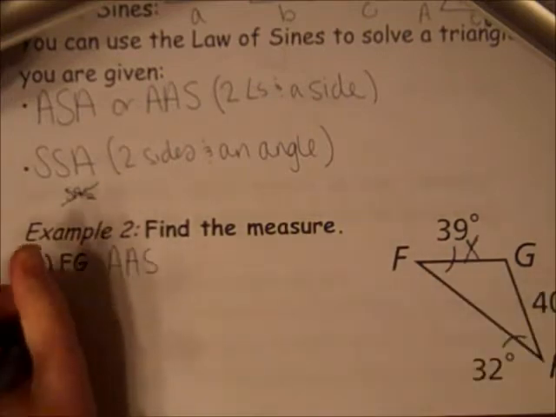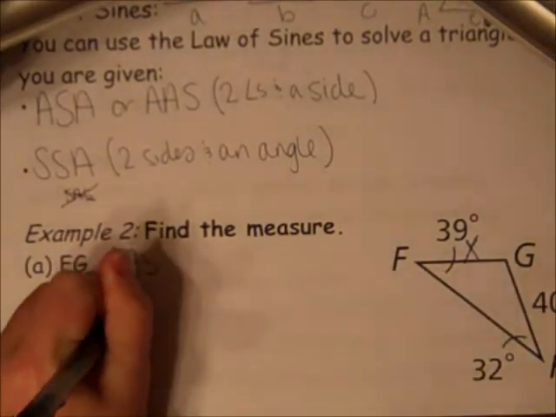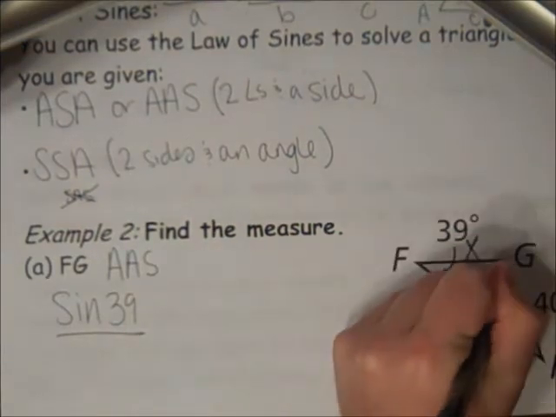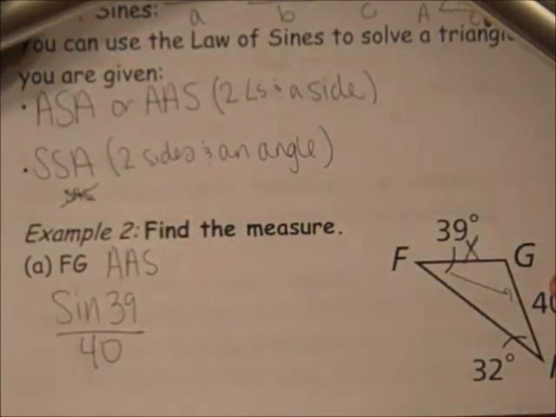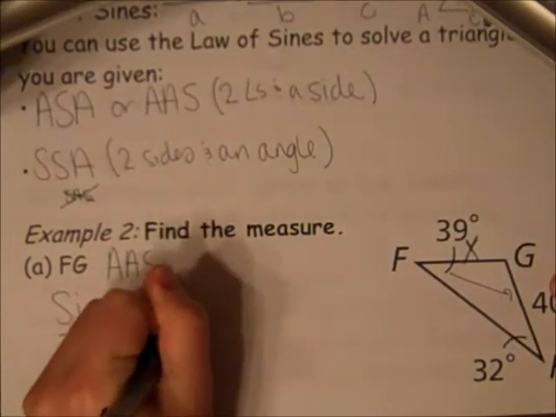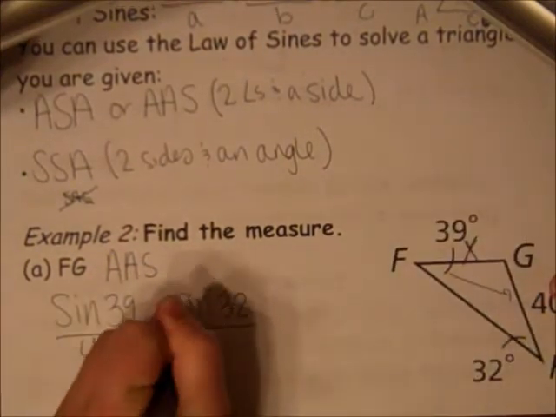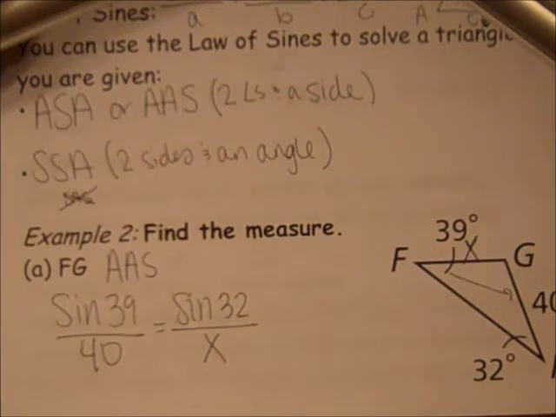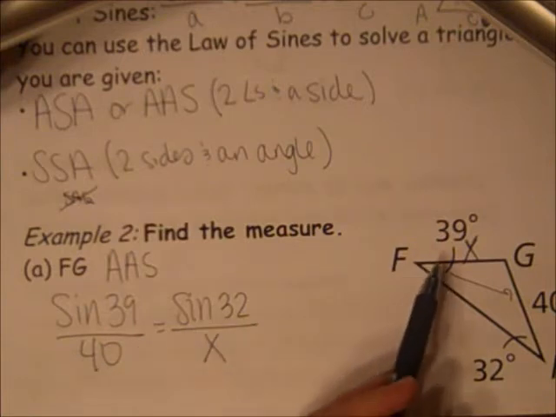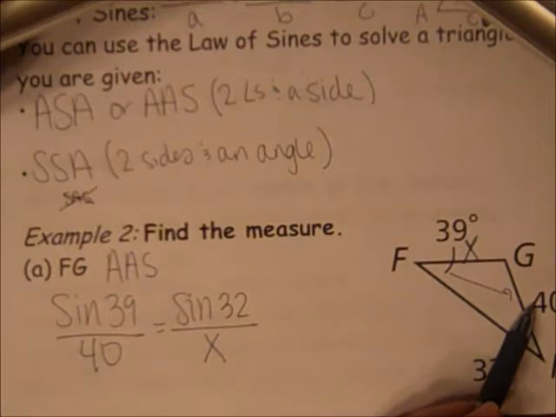So I know the sine of 39 over its side, which is 40, is equal to the sine of 32 over its side, which is the one that I don't know, so that's where I'm going to put the X. So here you can see this is just a regular proportion. Sine is on top, and the side lengths that they're across from are on the bottom.